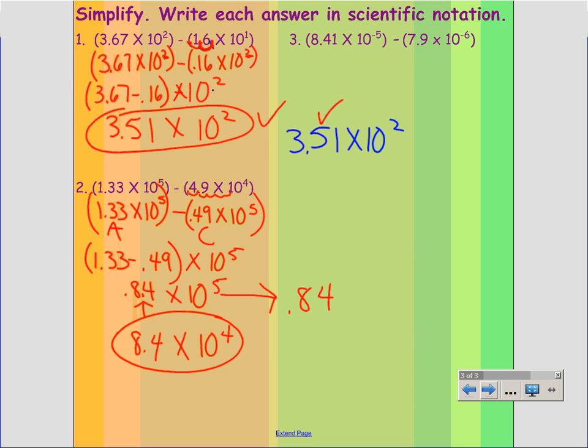I would have to move it 1, 2, 3, 4, 5. But I want to get to this position. That's my goal. Now, if I move it one place to the right on its own, then I only have to go 1, 2, 3, 4 places. Hope that helps if you're having difficulty.